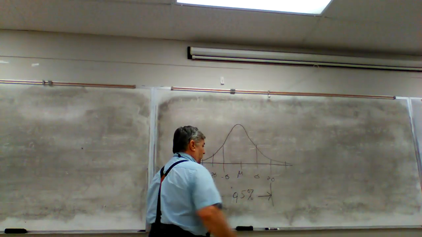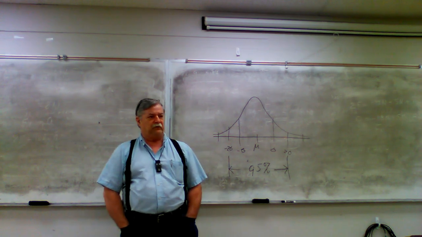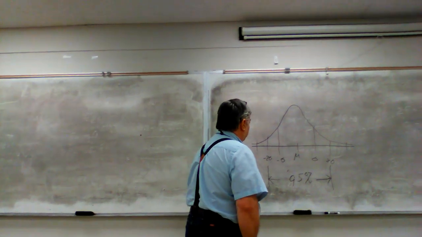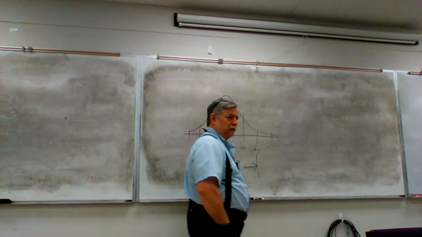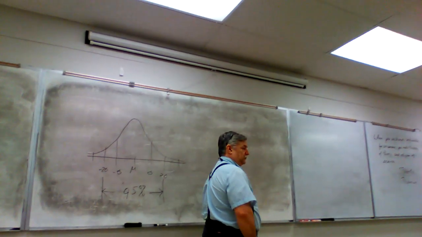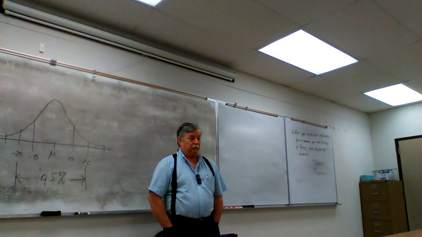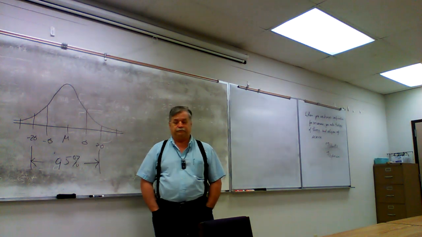And it is a normal distribution. It is bell-shaped, symmetrical about the average, about the mean. And if you look at the interval from minus 2 standard deviations to plus 2 standard deviations of that distribution, you're going to find that 95% of the population falls within those two limits.